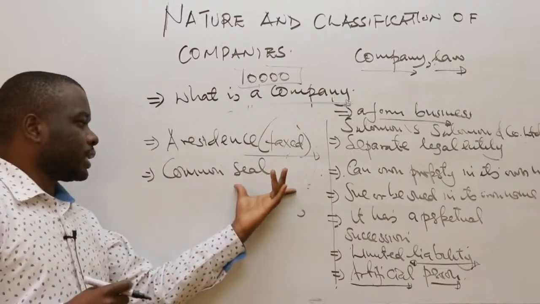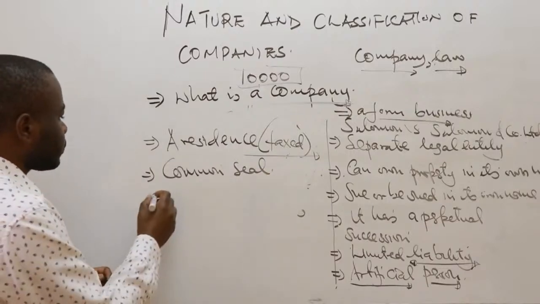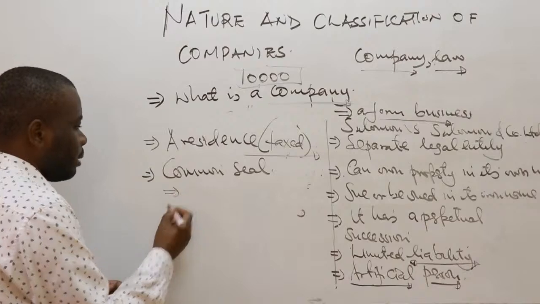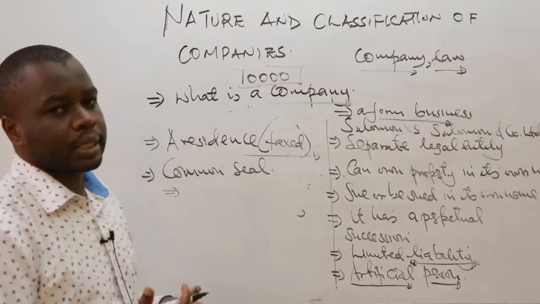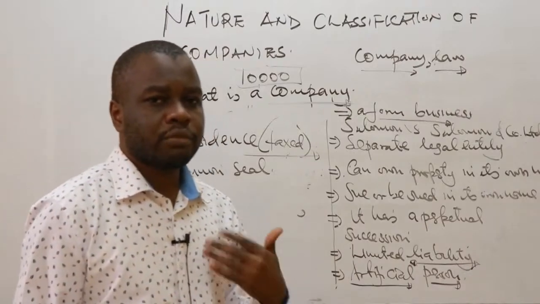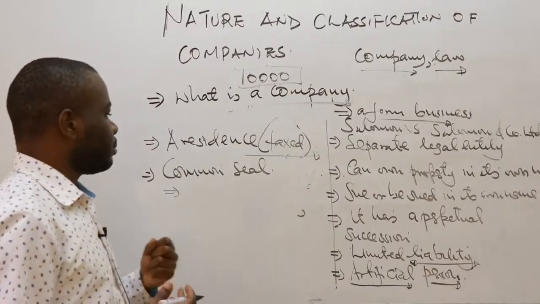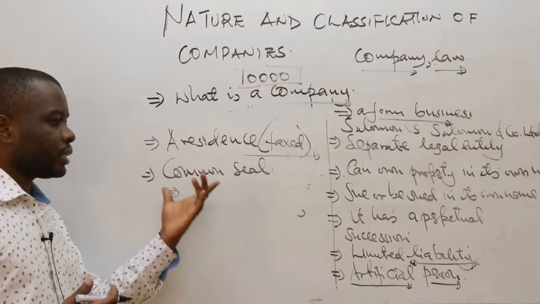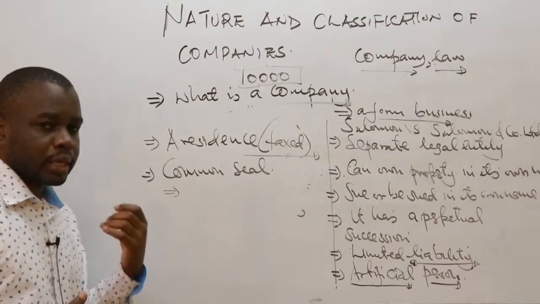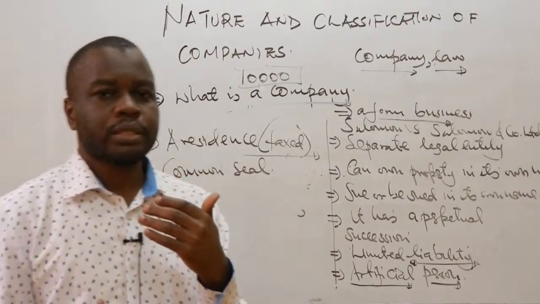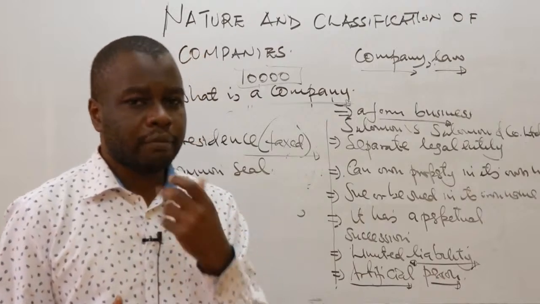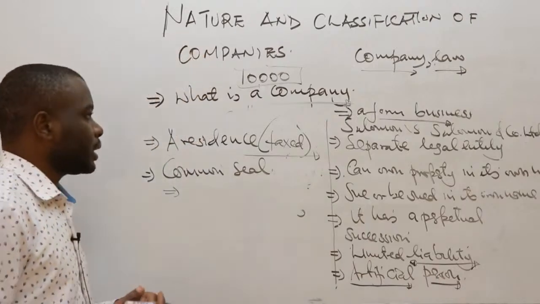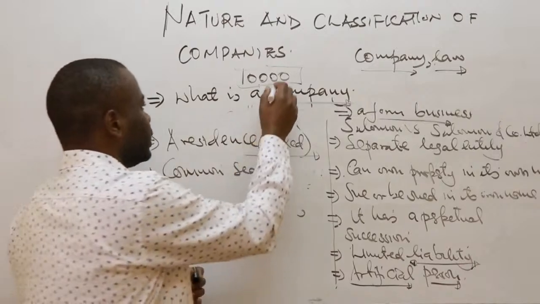Then a common seal enables the company to authenticate any document originating from the company. It is like an identifier of anything originating from the company, to show that a particular document, like an invoice, is authentic, or has been approved by the company.